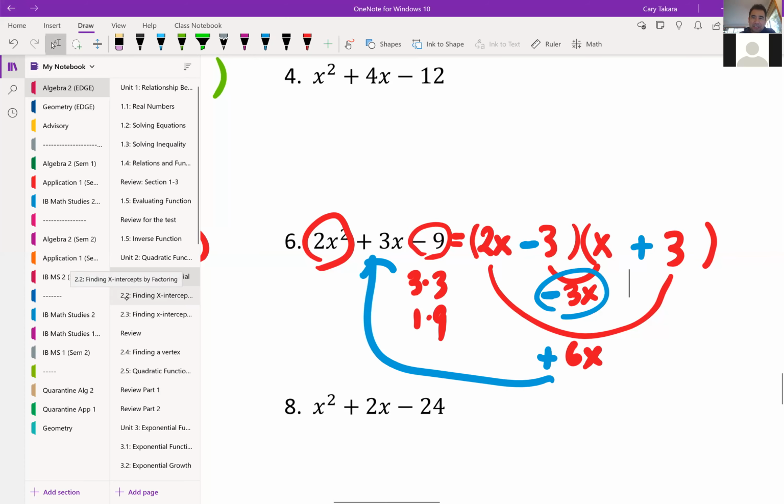Now we're going to take this one step further. We're going to apply this factoring skill to find the x-intercept today, okay?